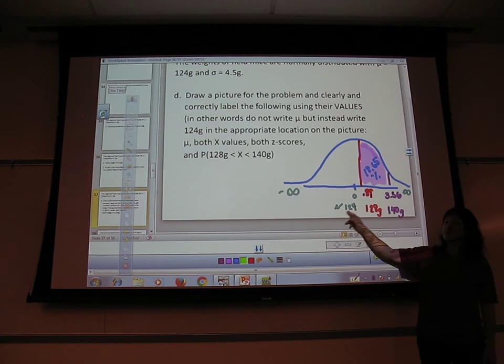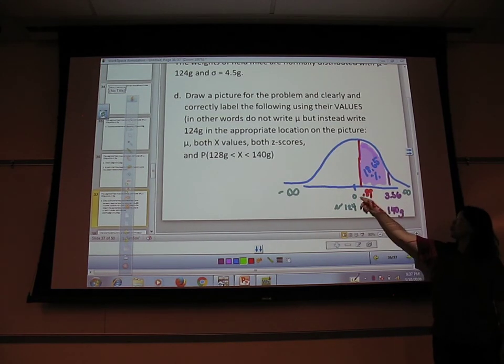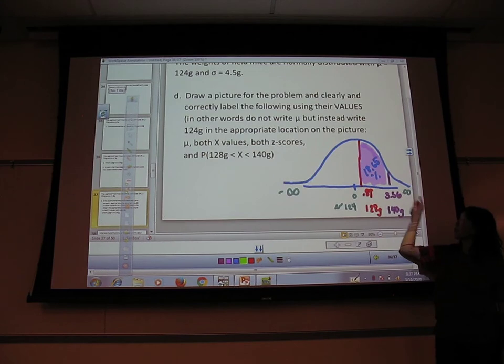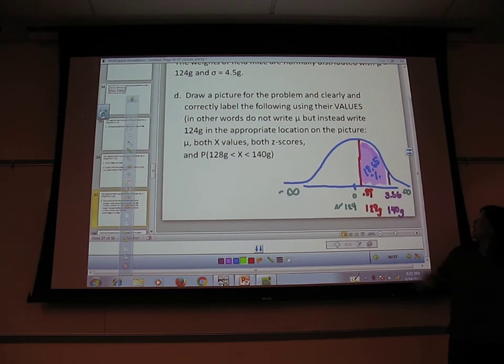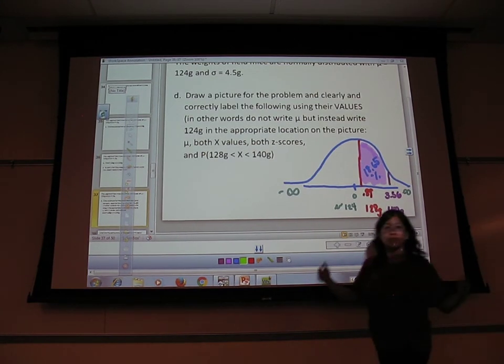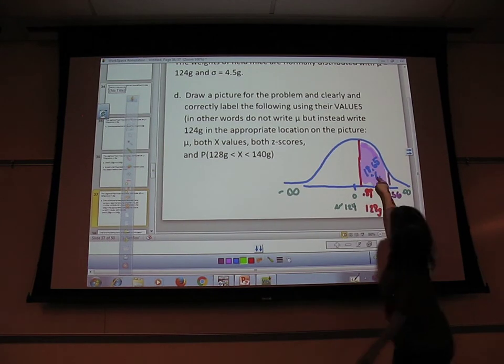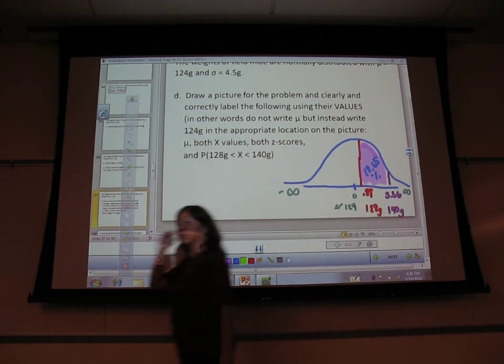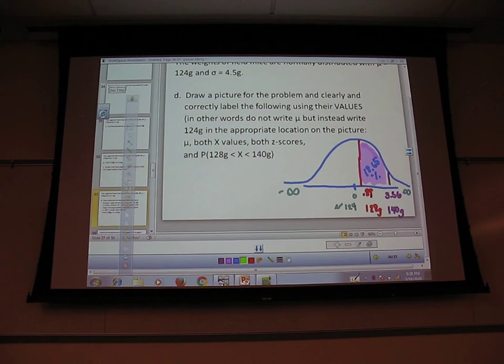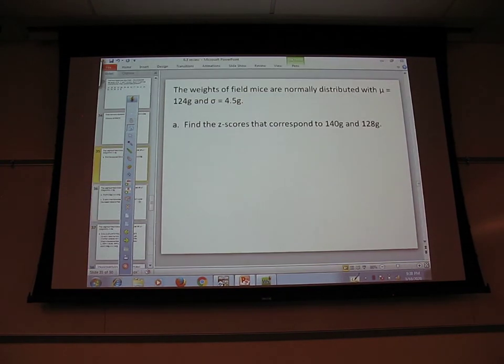So these are your X values. These are your Z-scores. And then she shaded in between them and put in the area. The area goes in here. Good. Everybody on board with that part? Yes? Great, thank you so much.